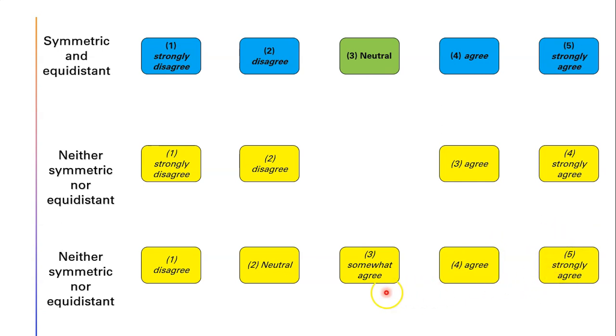This is because we have this problematic point here in between neutral and agree, which is causing the trouble. So basically this scale is not recommended for data collection either.